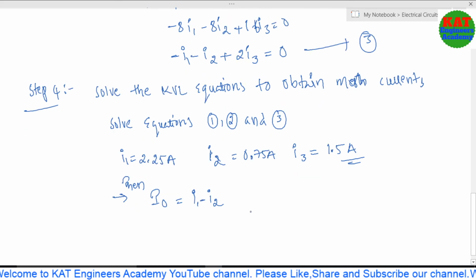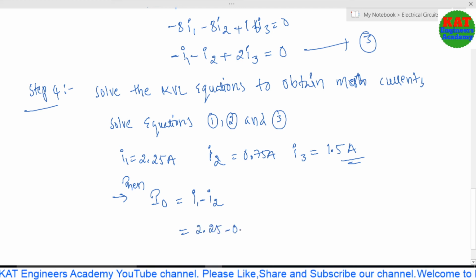Small I1 is 2.25 minus I2 is 0.75, so the final answer is I0 equal to 1.5 amps.